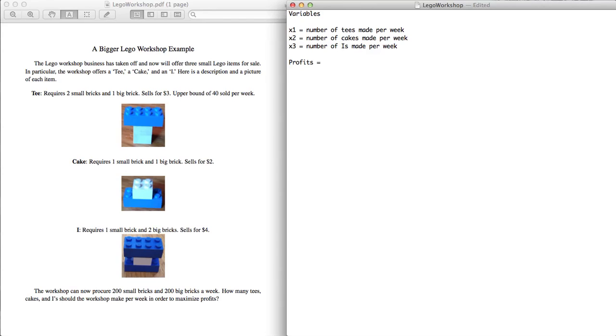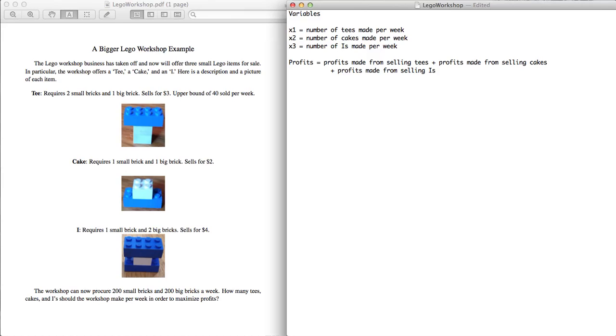So my profits in words can be expressed as the profits made from selling T's plus the profits made from selling cakes, plus the profits made from selling I's. The reason I spelled this out is that I think it helps you make the transition from the problem description to the mathematical formulation of the model.